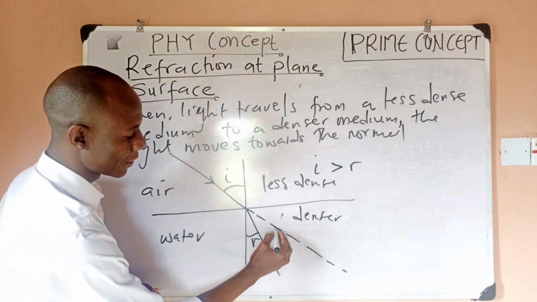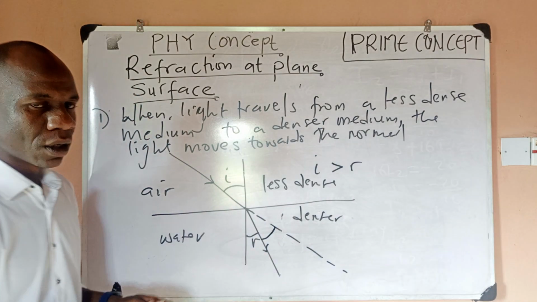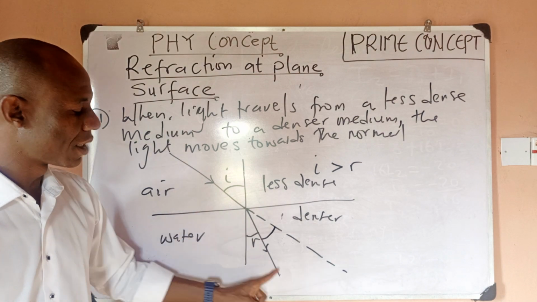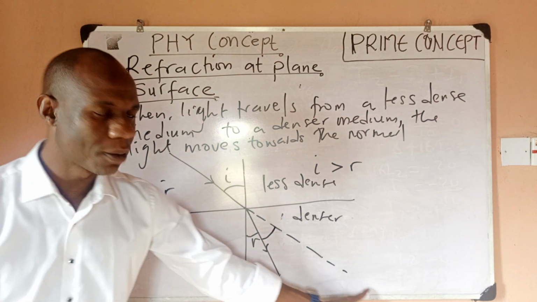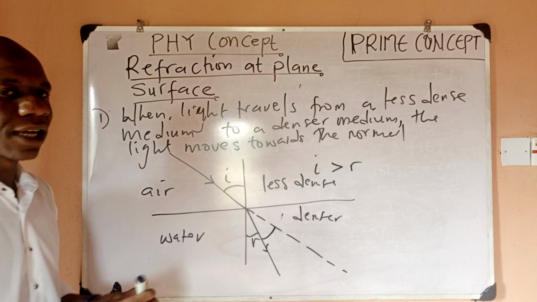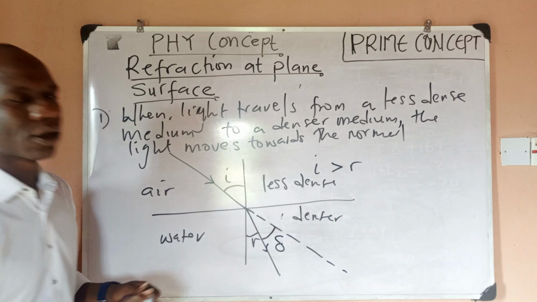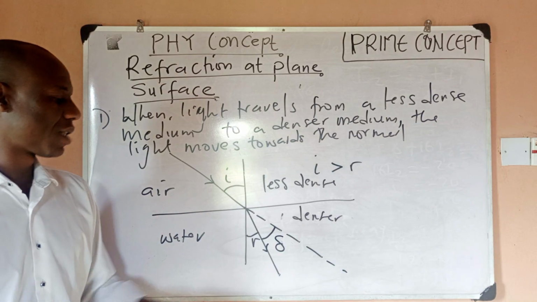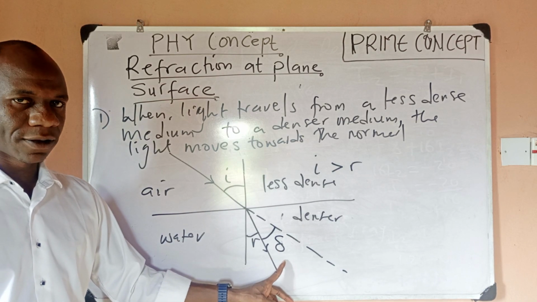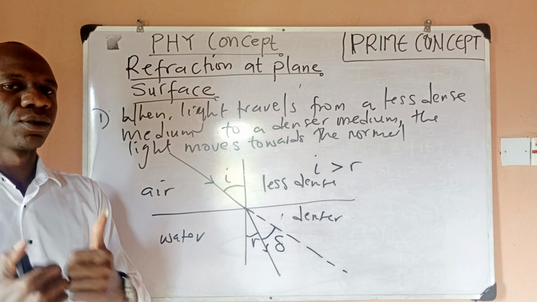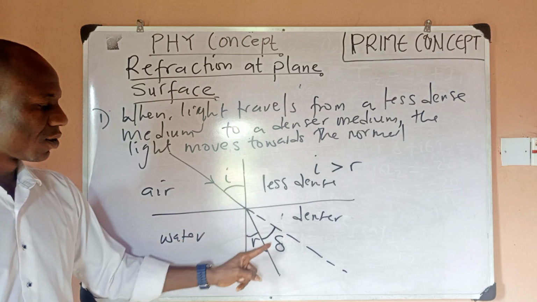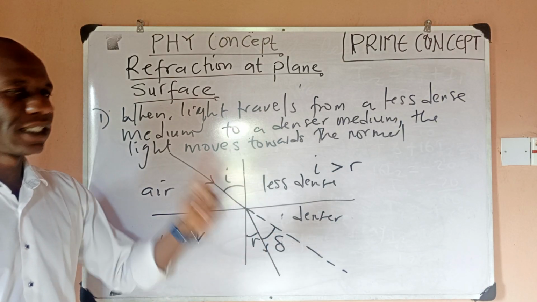So the angle by which the incident ray deviates from the normal direction is what you know as the angle of deviation, usually denoted by the symbol delta, small letter delta, or some books use small letter d. So this is known as the angle of deviation.